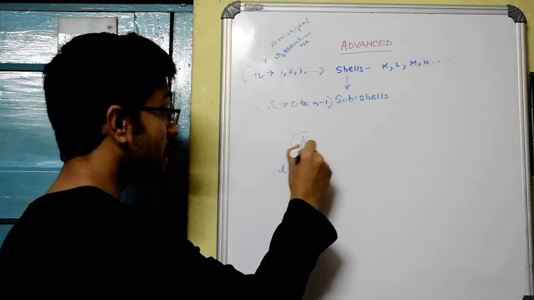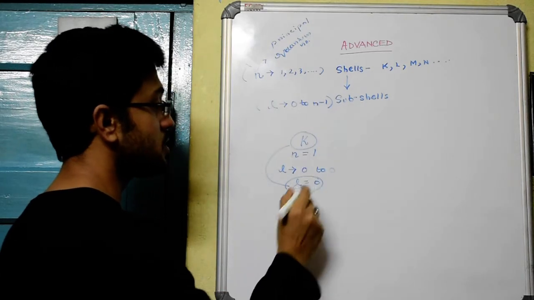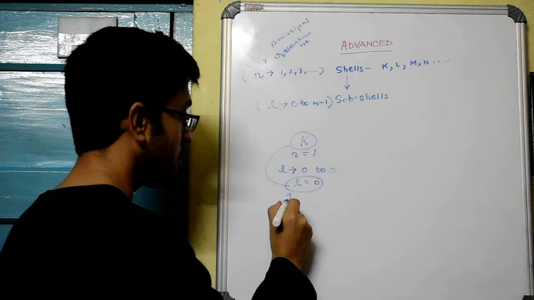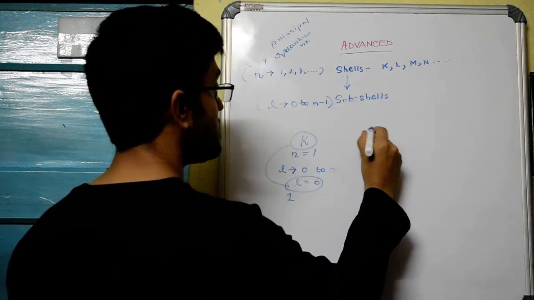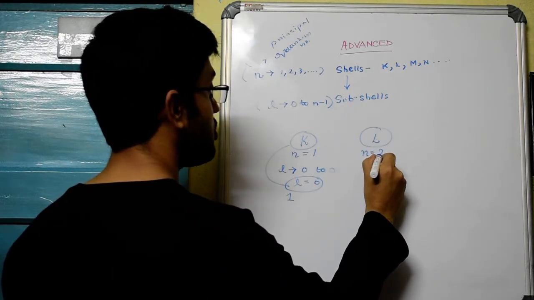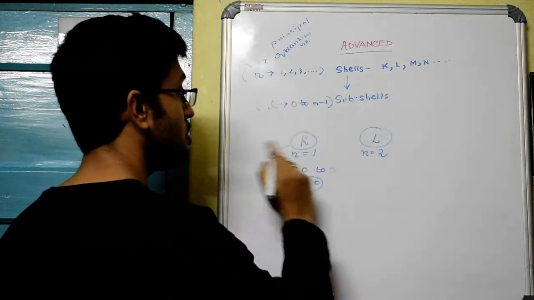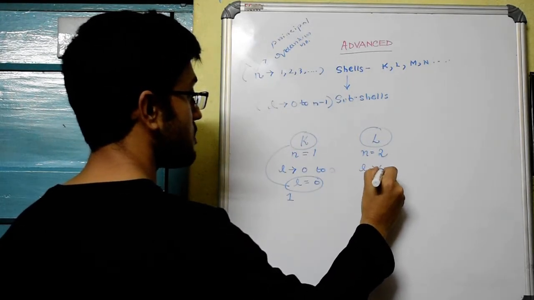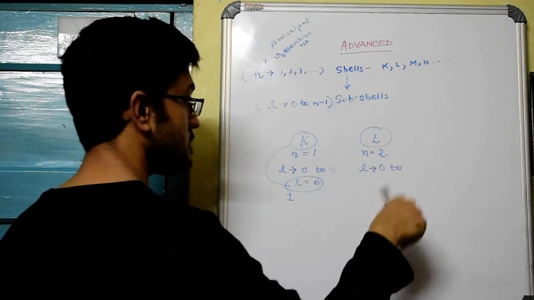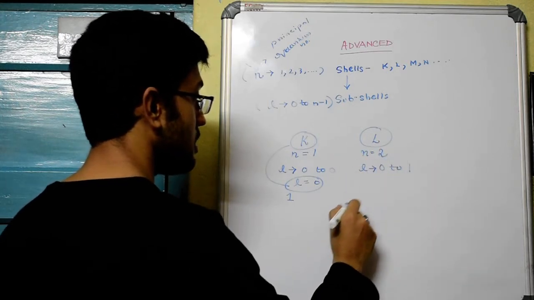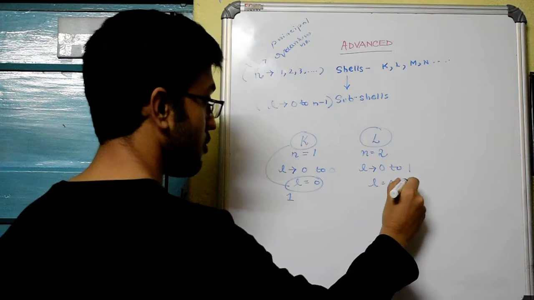So the shell K has got only one subshell. If you go to the L shell, it has n value 2, second shell, n equals 2. So l will take values from 0 to n minus 1, that's 2 minus 1. So l has value 0 and 1.